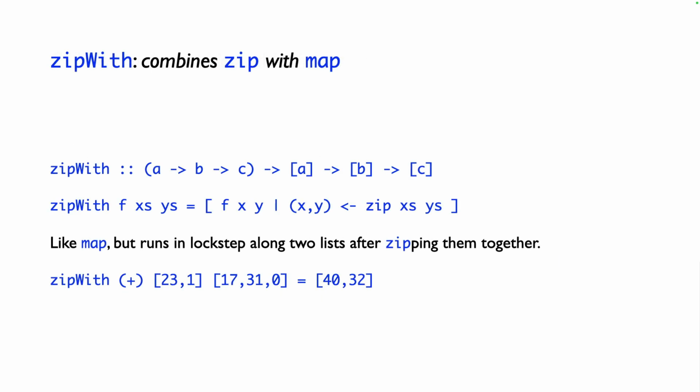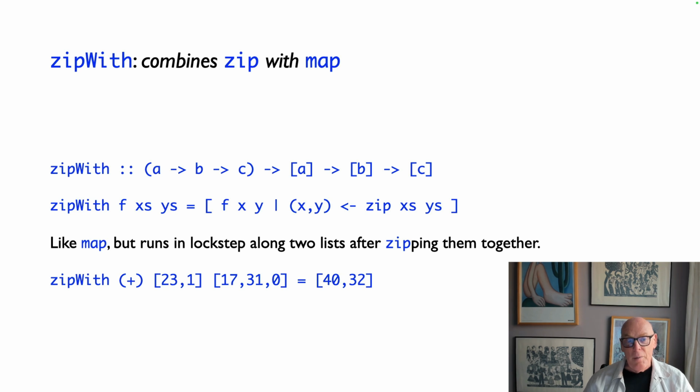The third function I wanted to talk about is a combination of zip and map, called zipWith. Look at the type: it takes lists of type A and B and it produces a list C. And how does it do that? It does that by applying the function to elements chosen from A and B. The way that they're chosen is you zip together corresponding elements of the lists xs and ys, and then you apply that f to those elements.